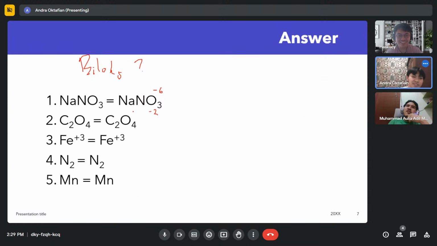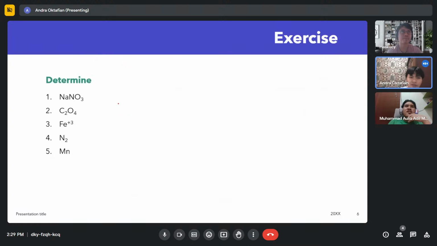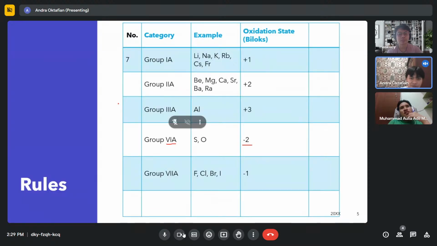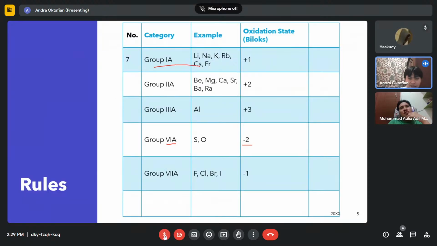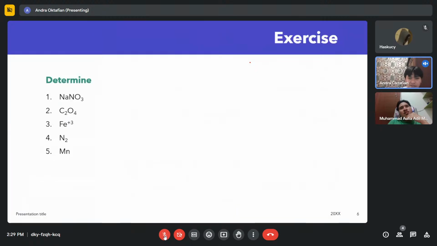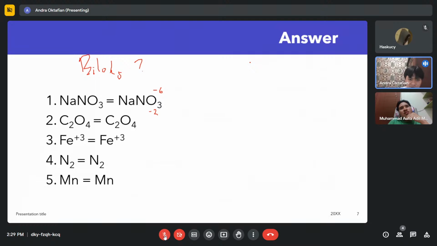Let's look at the table first. We see sodium is in the first A, so it should be +1. So simply we can put +1 here.